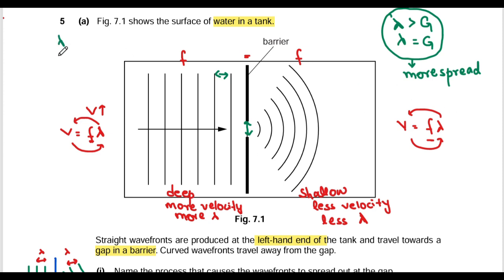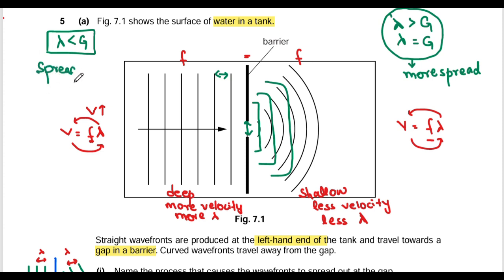But if the wavelength of the waves is less than the gap, or the gap is greater than the wavelength, the waves don't spread in a circular pattern, but spread like this. That means the spreading is very much less.